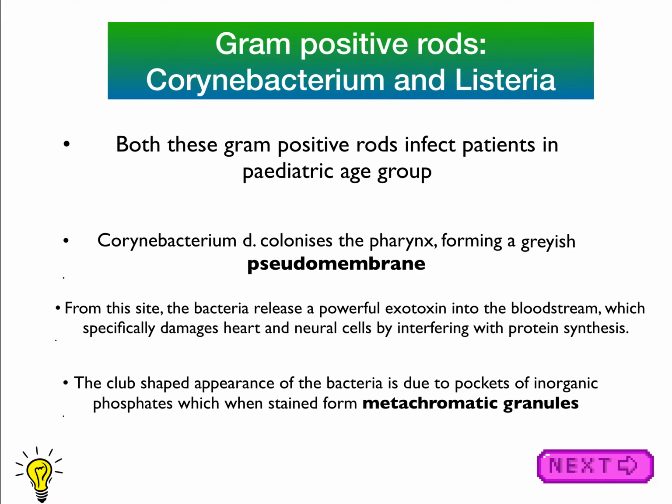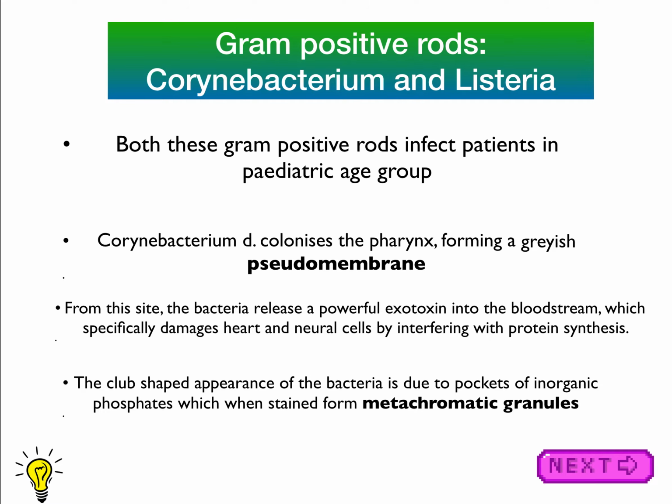And the interesting thing is, let me provide you with a little bit of a differential. Metachromatic granules are not just typical for Corynebacterium diphtheria, but also for Pseudomonas. What I should have also included is that while Corynebacterium diphtheria is a gram-positive rod, Pseudomonas, which also produces metachromatic granules, is a gram-negative rod.